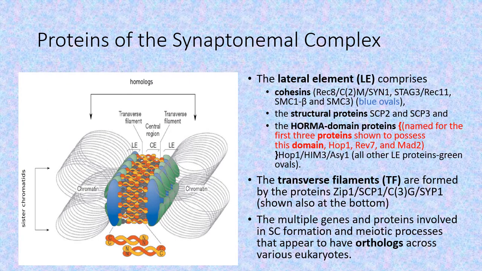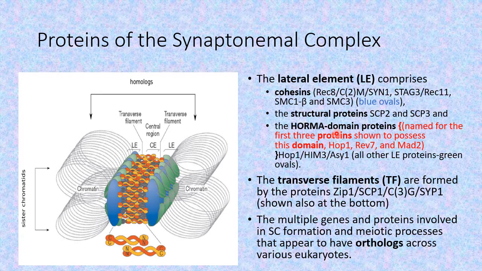Now, right from the very beginning, we are saying that the synaptonemal complex is a proteinaceous complex. Many proteins contribute to the formation of this zipper-like, ladder-like structure that connects the two homologous chromosomes together so that crossing over may take place between them, or so that homologous recombination may be facilitated between these two homologous chromosomes.